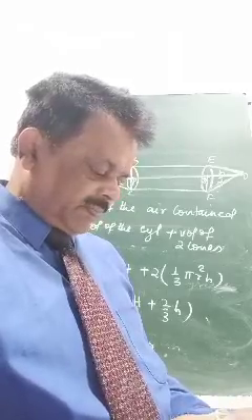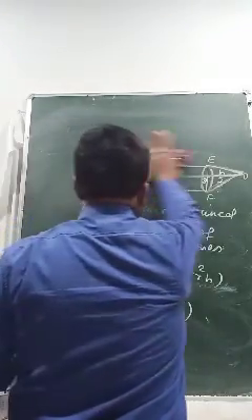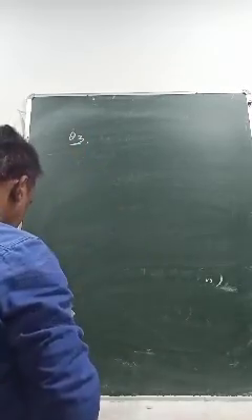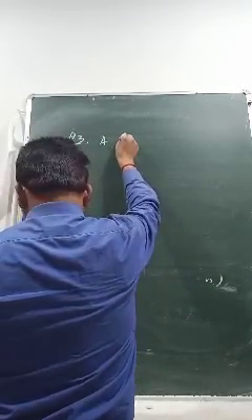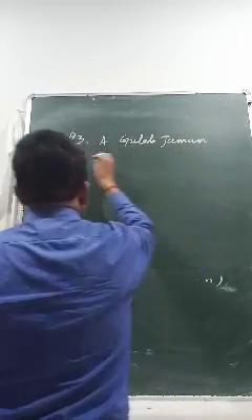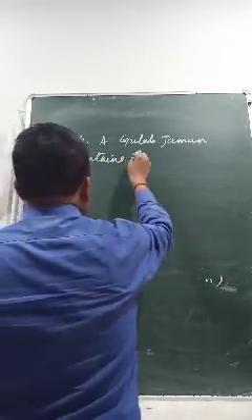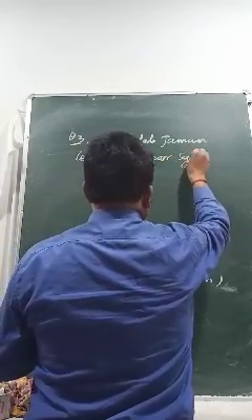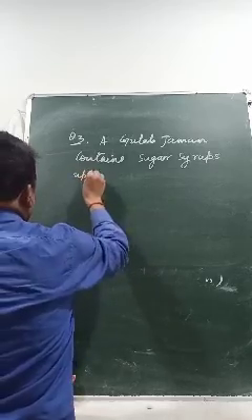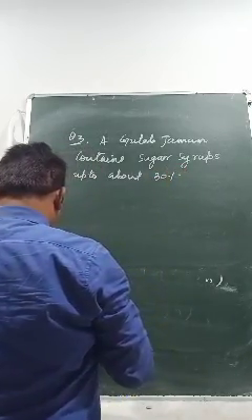Next one is question number 3. A gulab jamun contains sugar syrup up to about 30% of its volume.